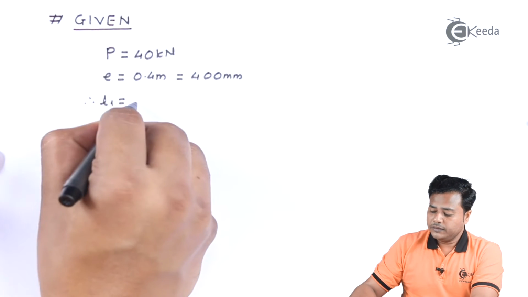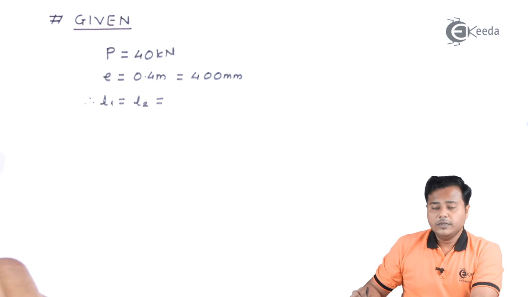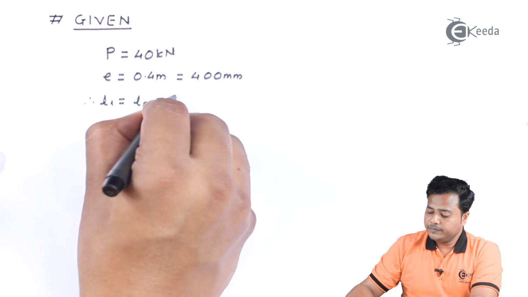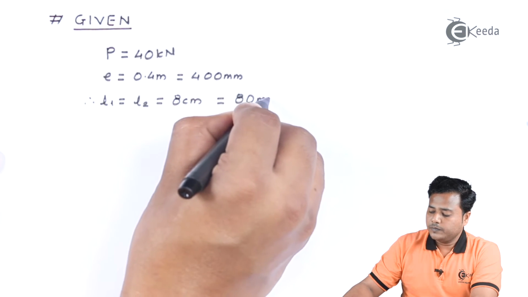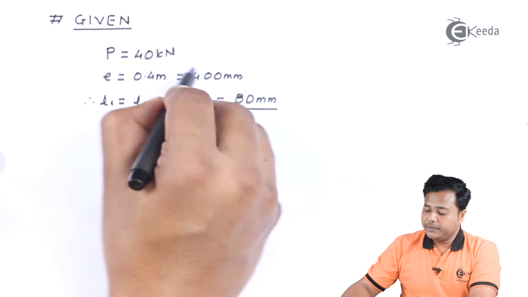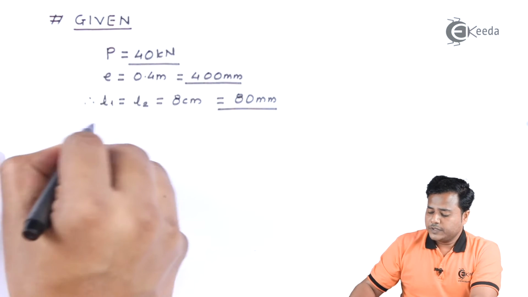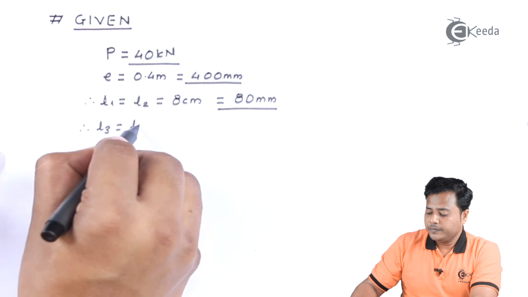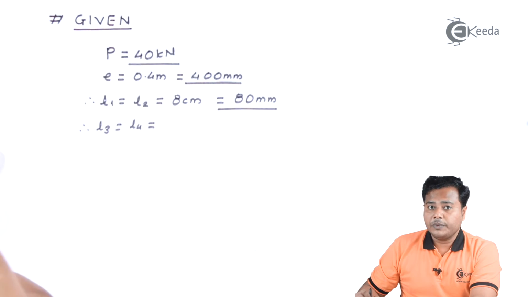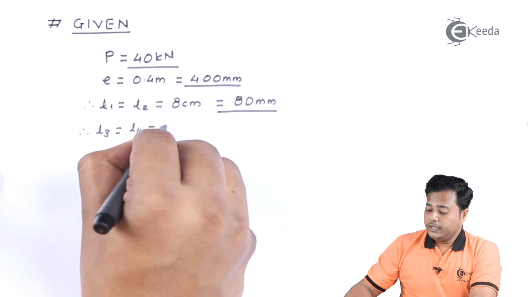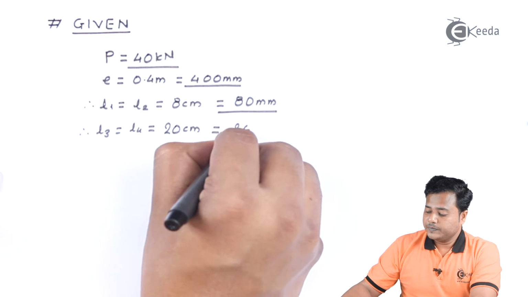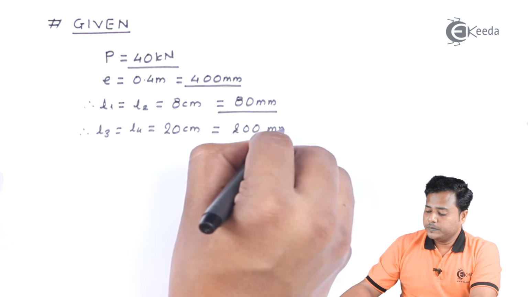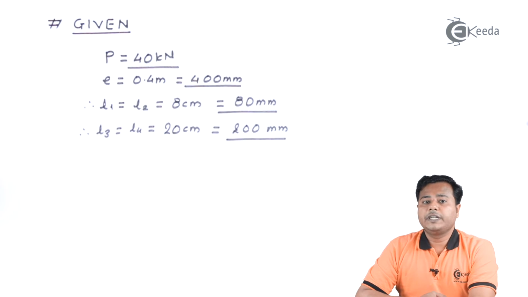Therefore length 1 is equal to length 2, which is 8 centimeter, which makes it 80 millimeter. Similarly, length 3 and length 4, which have been given as 20 centimeter, are basically 200 millimeter. So with that, let us start.